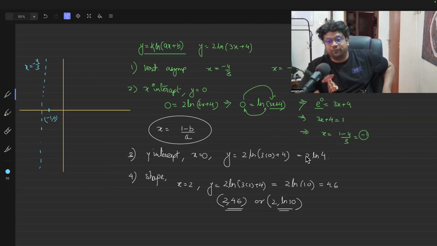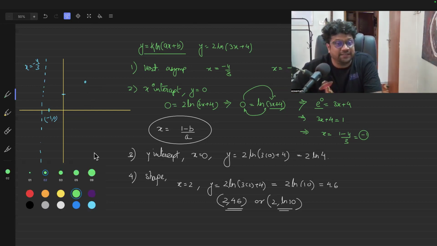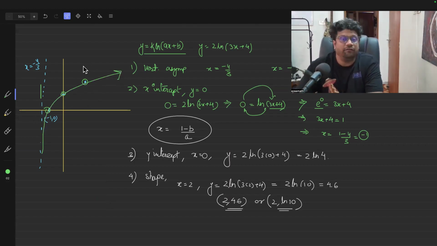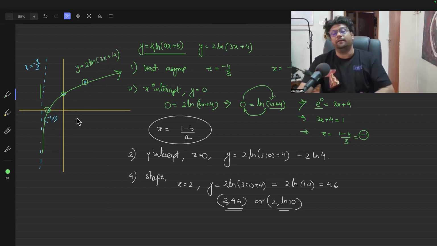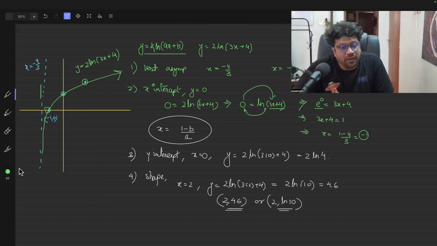The y-intercept would be 2 ln 4, somewhere here maybe. And at x equal to 2, we are expecting 4.6, so somewhere there. Now that we have 3 points and the asymptote, we know what the curve is going to look like. There it is, your boundary, and that's your curve, y equals 2 ln 3x plus 4. Done.